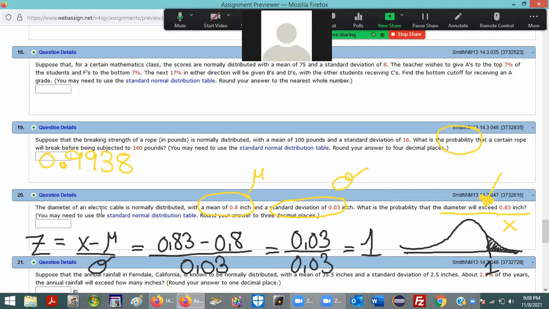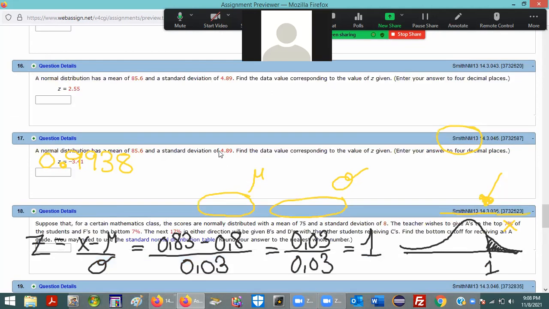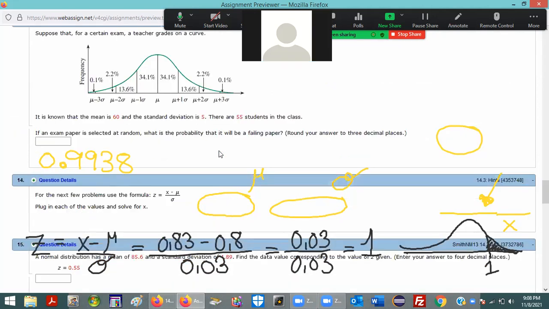So we want to know what's going on this side. If we were to use our charts from above, then above the 1 is 13.6 plus 2.2 plus 0.1. That was our 15.9%.